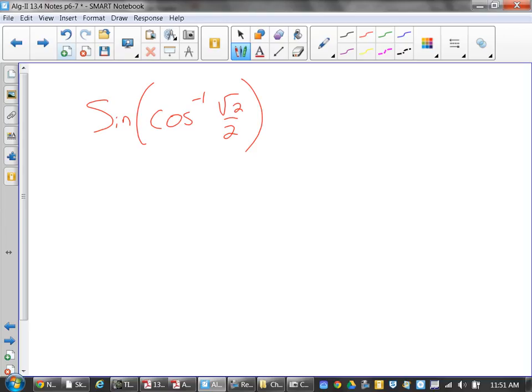Okay, so the inverse cosine of root 2 over 2 is 45, right? Sine of 45 is what? What triangle is it? Draw it out. Opposite 1 over root 2. So it equals root 2 over 2.